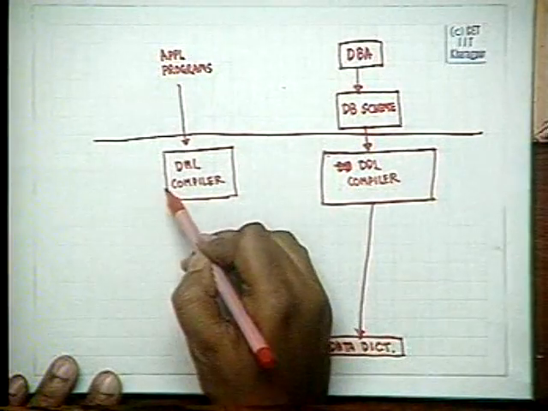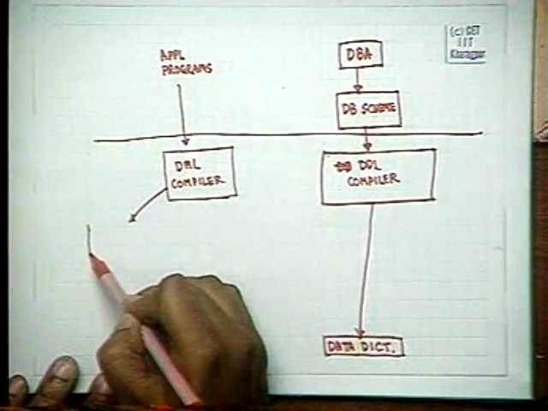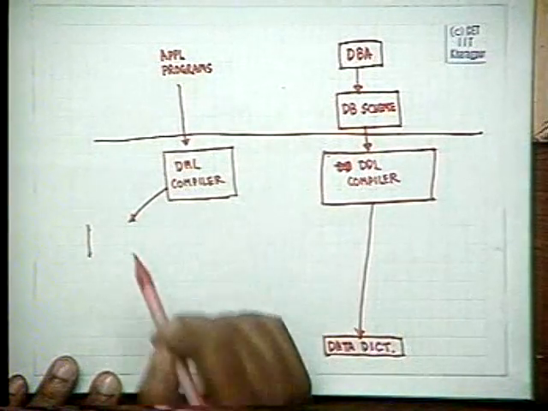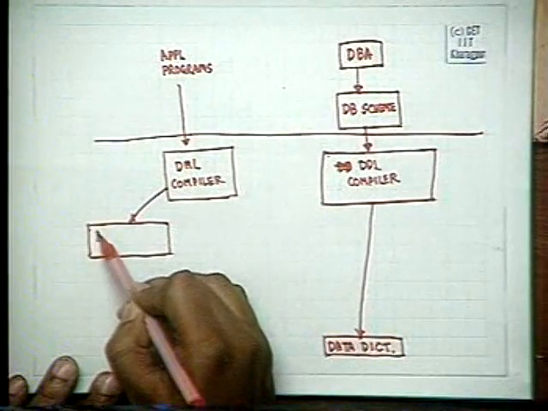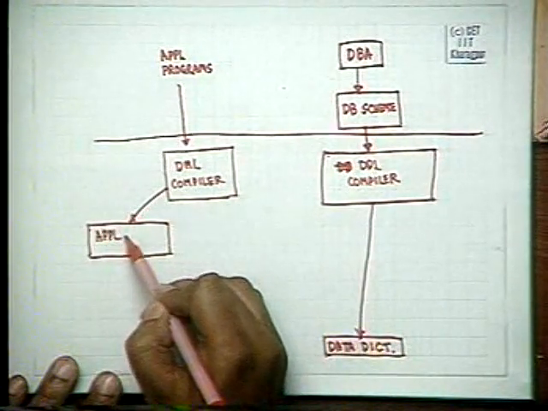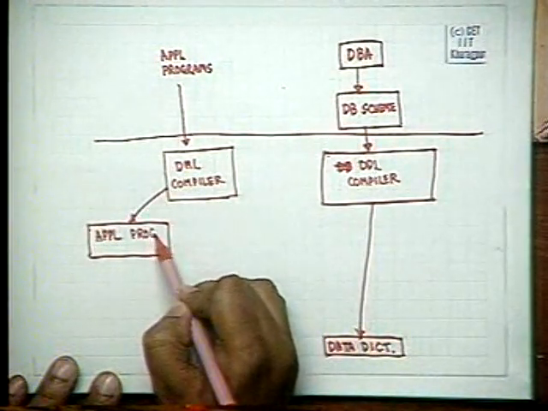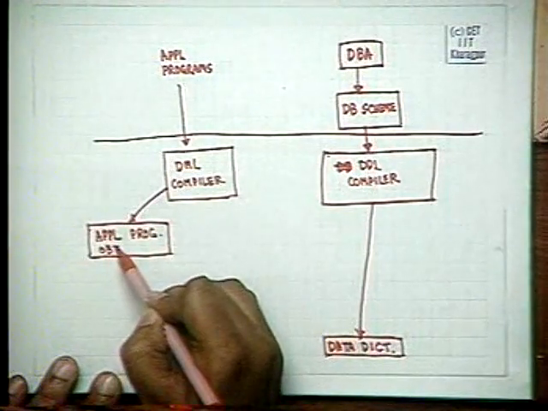This DML compiler will convert it to object code. Any compiler of a program converts it to object code. So, this is the application program object code.